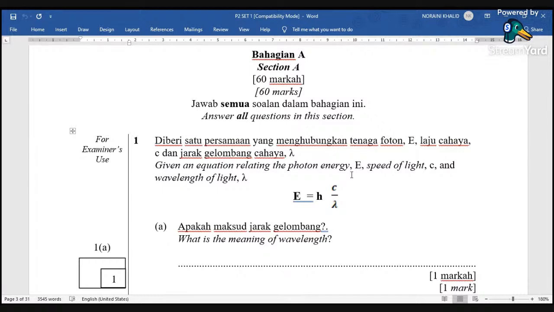So today we have the first slot for tutorial to discuss trial SPM questions. This one will be set 1, chapter 2.